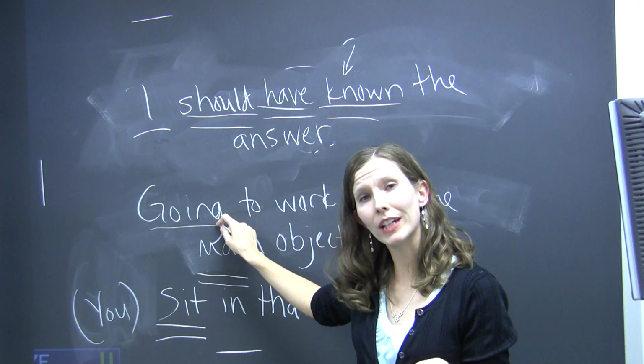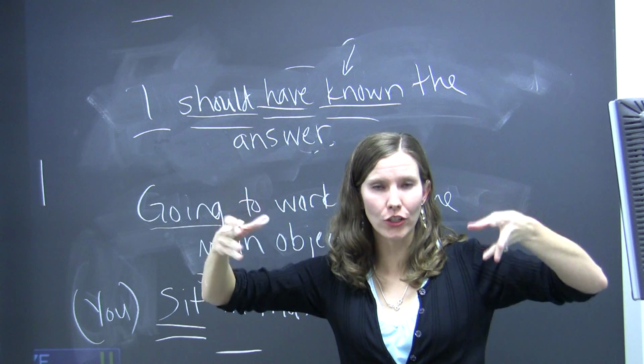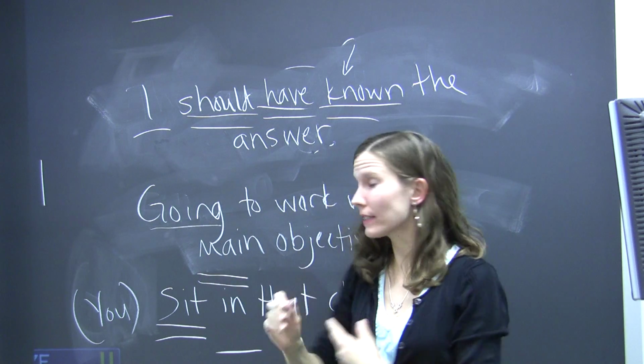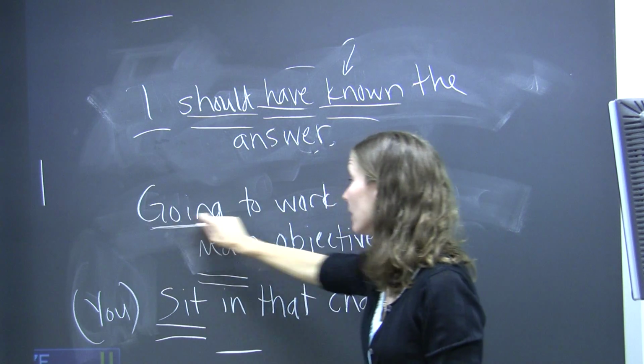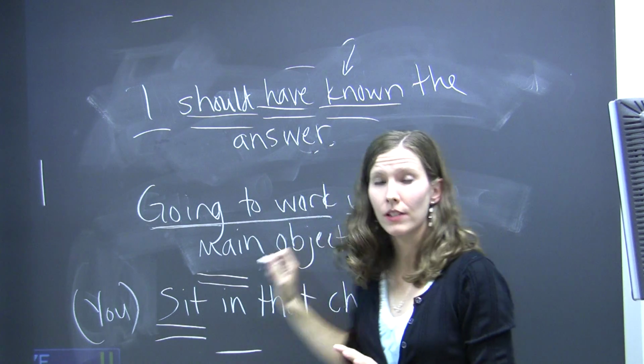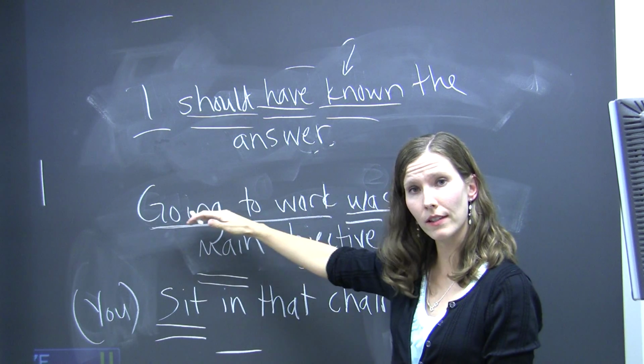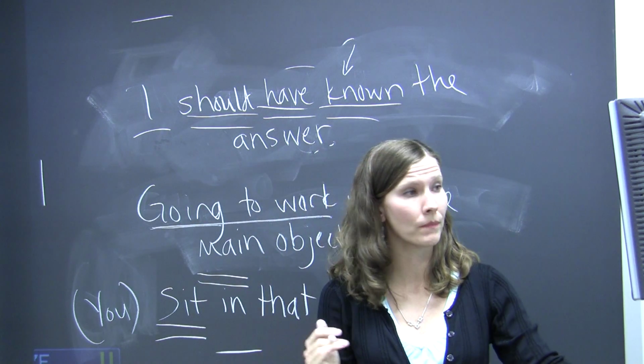In this case, it's functioning as a noun, as a thing, being going to work. That action itself is a thing. So in this case, the subject of the sentence is going to work. The verb is was, which is one of those be verbs. So in this case, going to work is the subject, was is the verb.